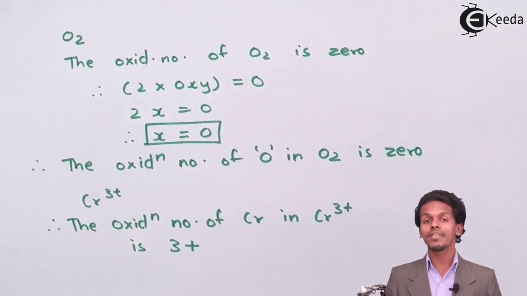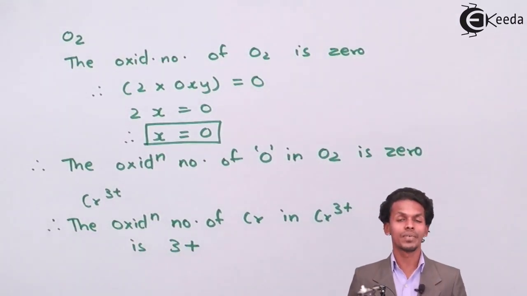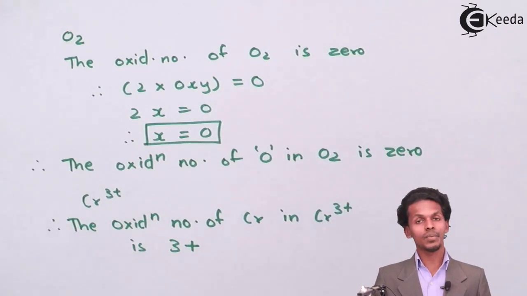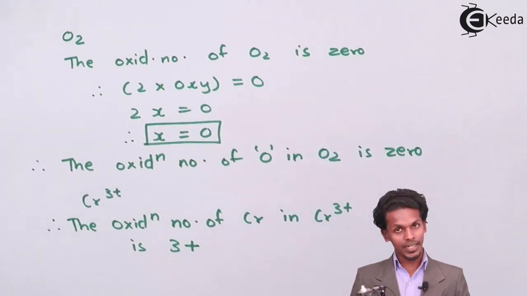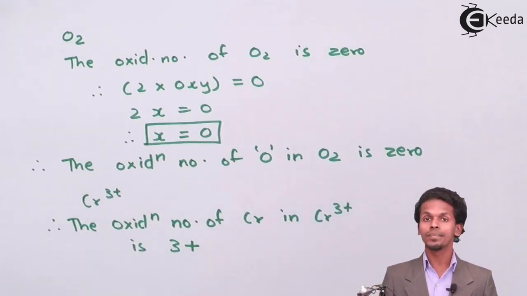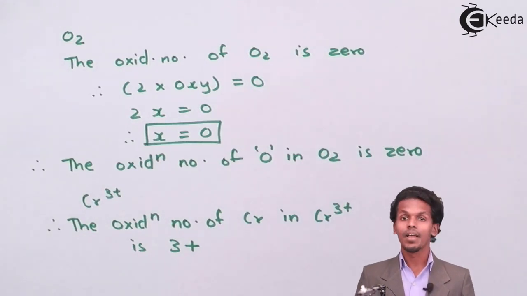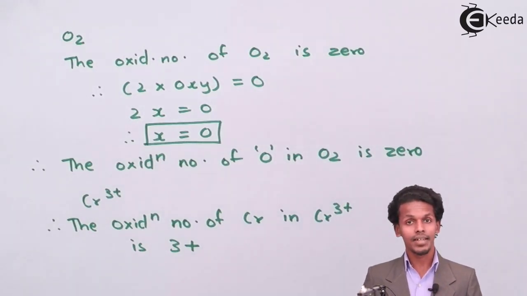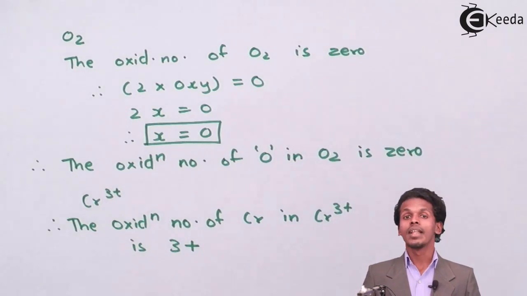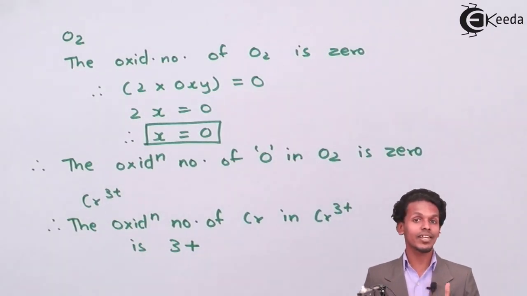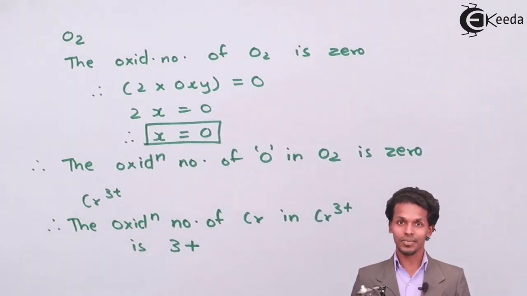This is how we have calculated the oxidation number of reactant atoms as well as product atoms. Now the next step is balancing by electrons, but let us first see whether the reaction is a redox reaction or not.